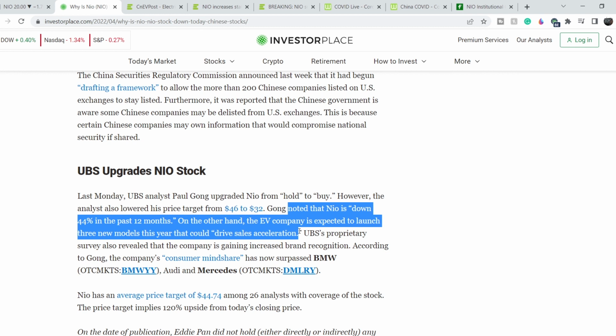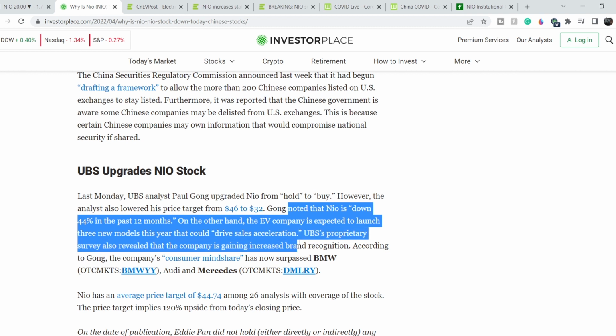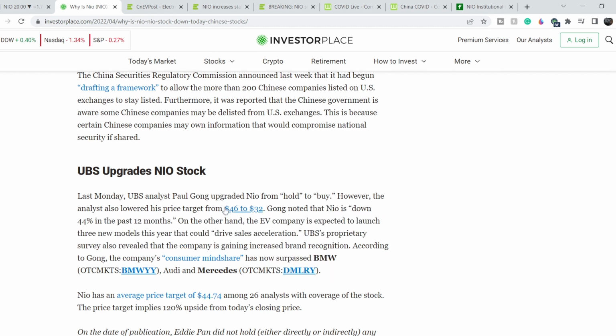On the other hand, the EV company is expected to launch 3 new models this year that could drive sales acceleration. UBS proprietary survey also revealed that the company is gaining increased brand recognition. And definitely, despite this reduction in price, it is still very good upside potential. So, let me show you the latest news that might drive the price of this company lower even further.